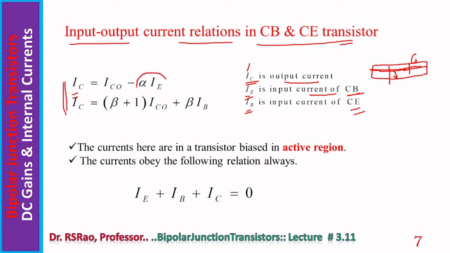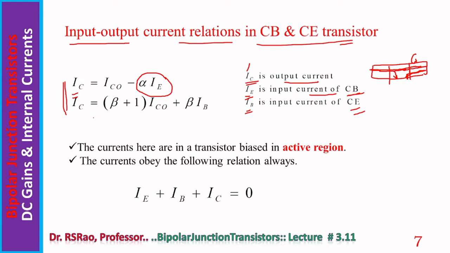This is alpha IE. There exists another component also. This component is the reverse saturation current, collector junction reverse saturation current, that exists across the collector junction. These two together constitute the collector current. So IC is equal to IC naught minus alpha IE.